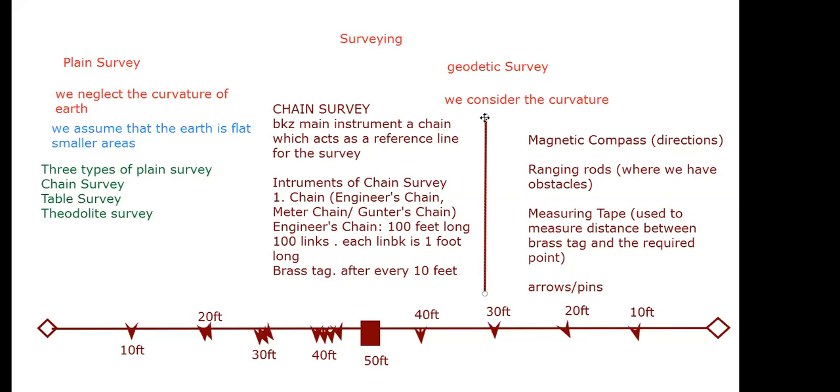The color of the ranging rod changes, so this is the ranging rod, and it has white and red markings.